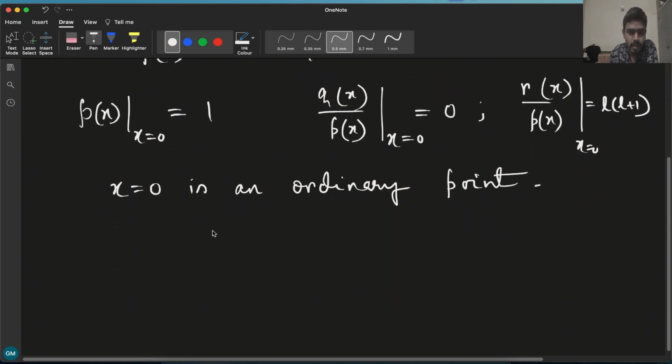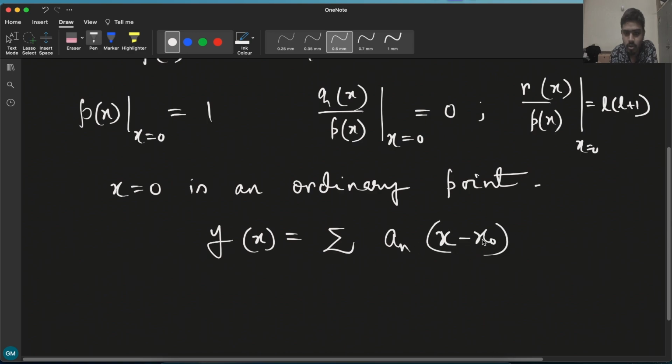So in that case, the solution we will assume is y(x) equals the sum over a_n (x minus x naught) to the power n, but x naught is 0. We are trying to find the power series solution at x equals 0, so this x naught is 0, with n equals 0 to infinity.